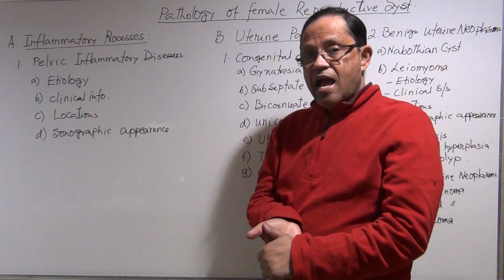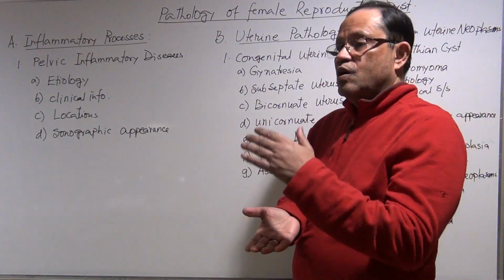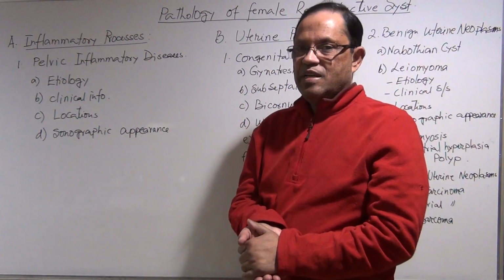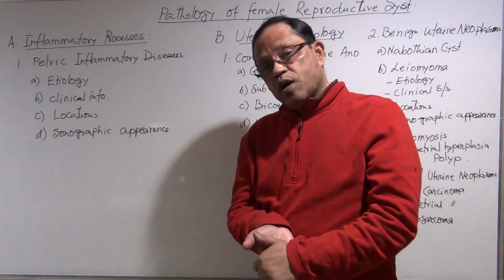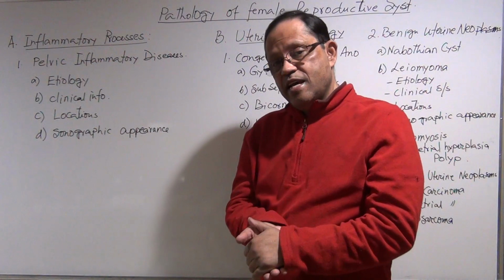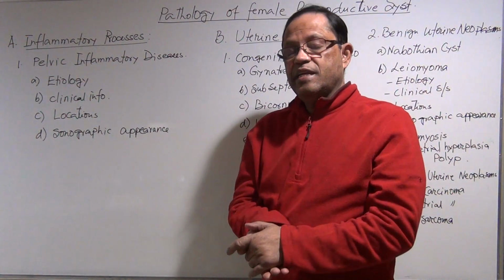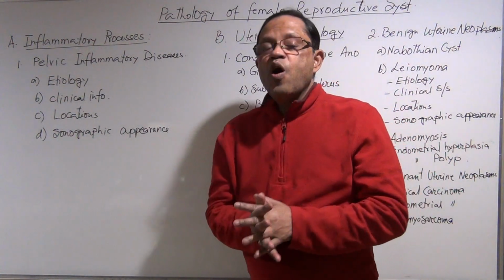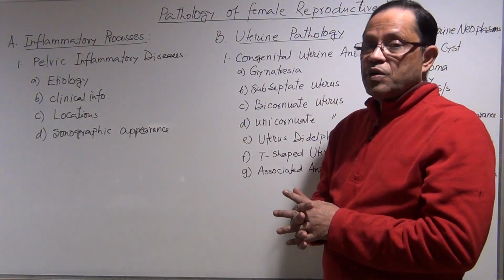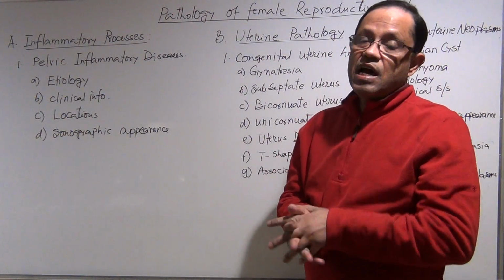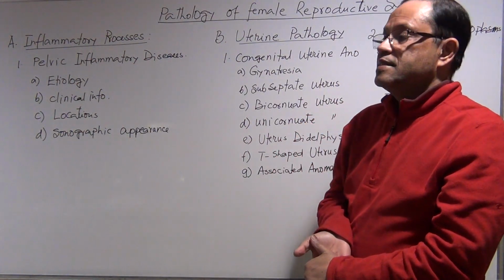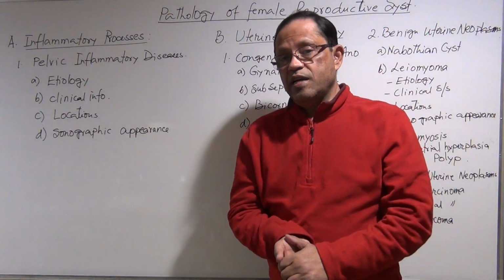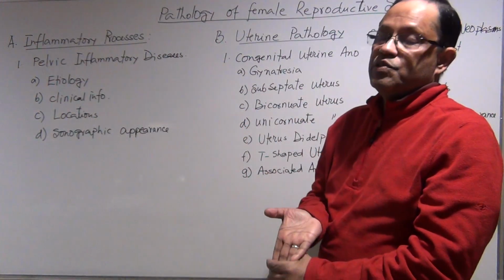Then cystadenoma is the cystic version of adenoma. Same thing: adenocarcinoma is malignant, and the cystic version of that malignancy is cystadenocarcinoma. This type of classification is common for the ovary, and you also saw it in the pancreas. Pancreatic carcinoma can be cystic also.